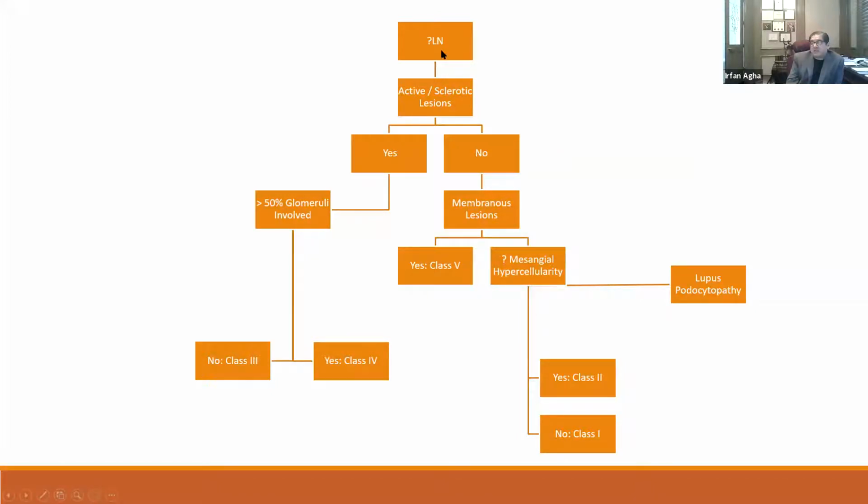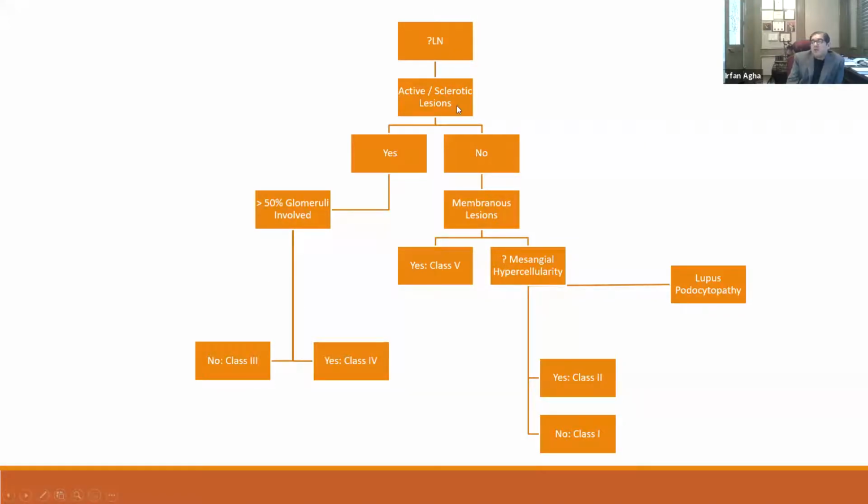The question is, is this lupus? Are we seeing active or sclerotic lesions? If we are, and if more than 50% of glomeruli are involved, then we are looking at class 4 lesions. If we have active and sclerotic lesions and less than 50% of glomeruli are involved, we will call it class 3.